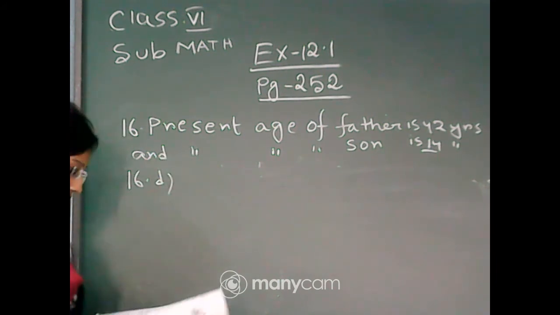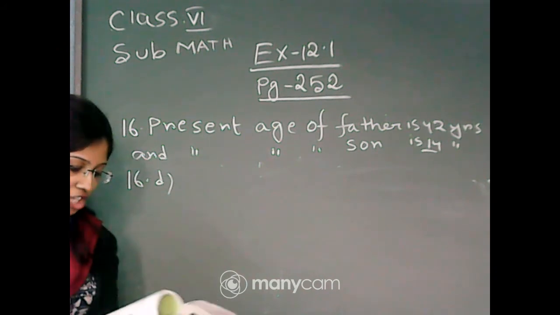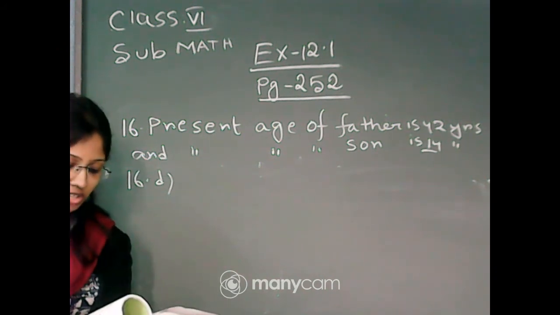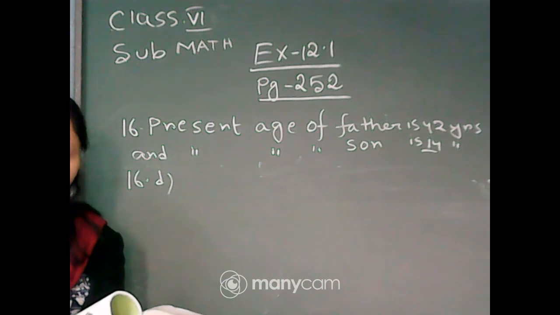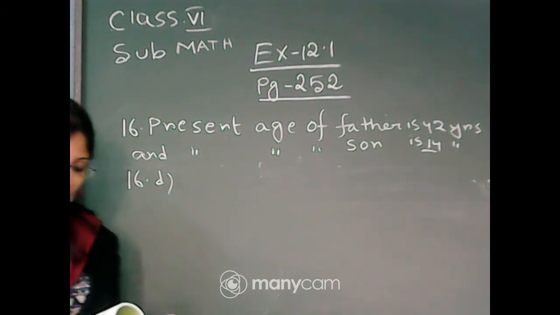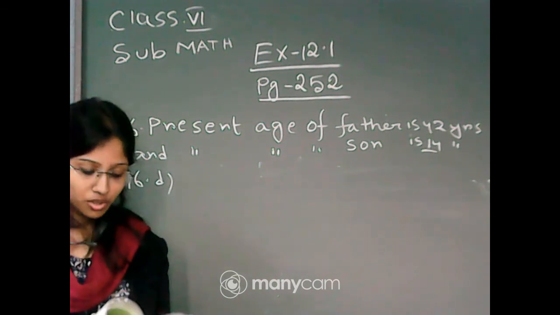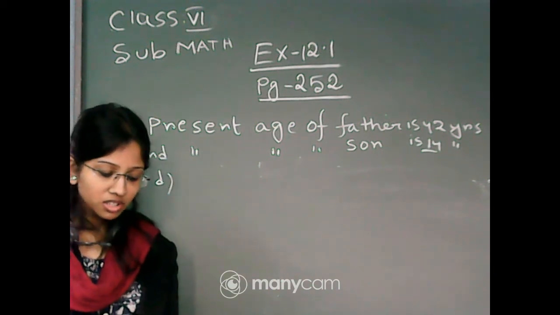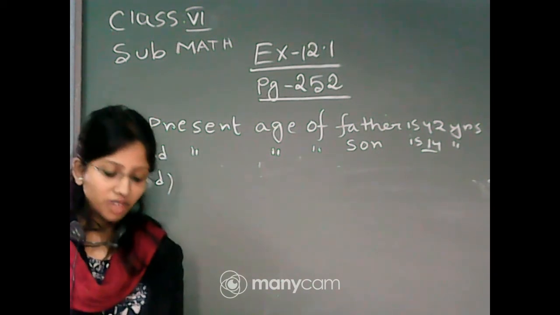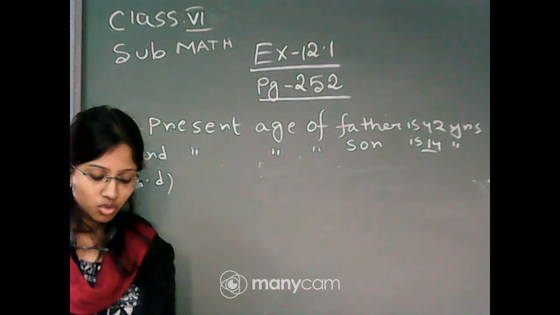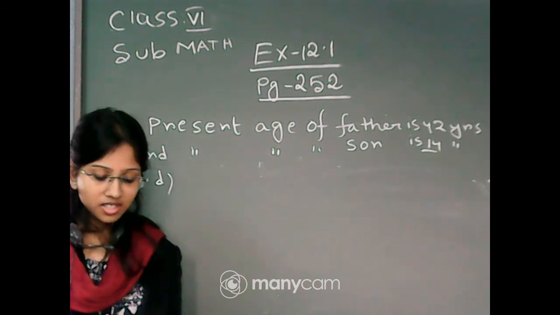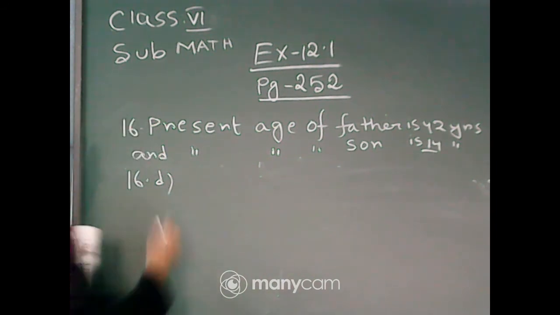We have to find out the ratio of age of the father to the age of the son when father was 30 years old.